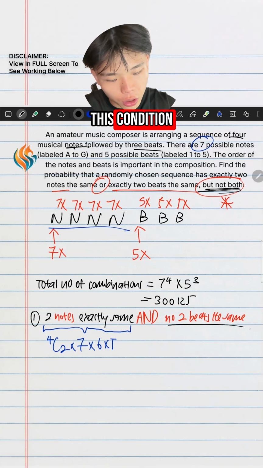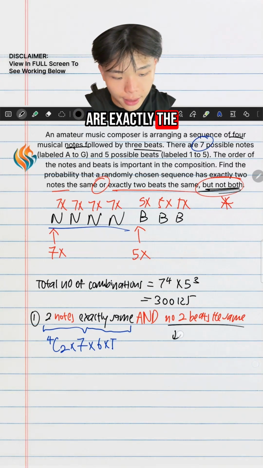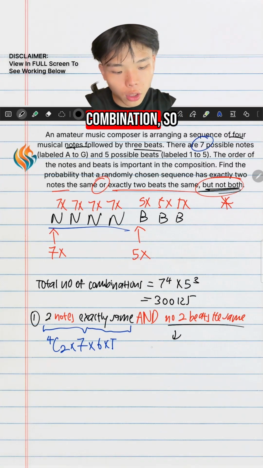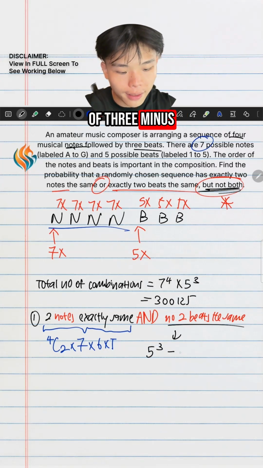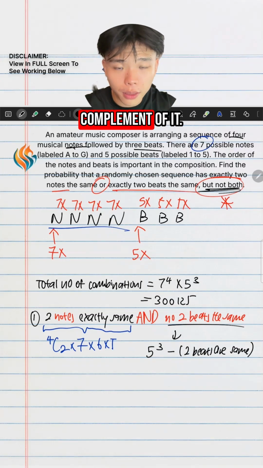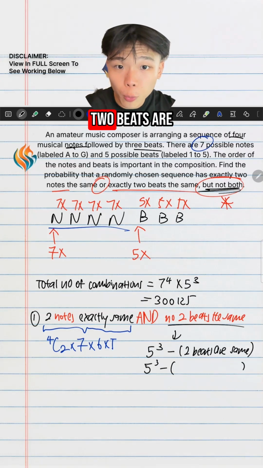Now, how about this condition over here, whereby no 2 beats are exactly the same? So if no 2 beats are exactly the same, we can also think of it as such, right? Which is every single possible combination, so 5 to the power of 3, minus the number where the 2 beats are the same. We take the complement of it. So 5 to the power of 3 minus how many combinations are there where 2 beats are exactly the same?